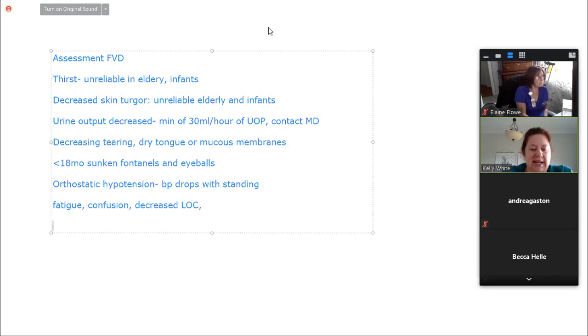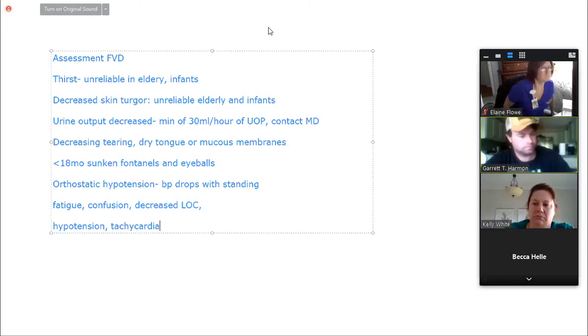You're going to see hypotension because you don't have enough fluid or blood pumping through your system. So your blood pressure is going to be low. However, you're going to be tachycardic. Anybody know why? Because your heart is trying to compensate for the decrease in blood.